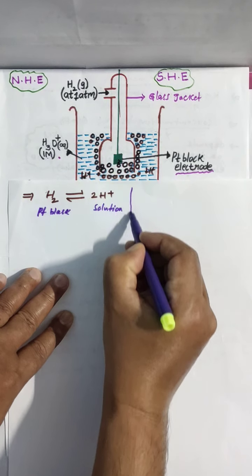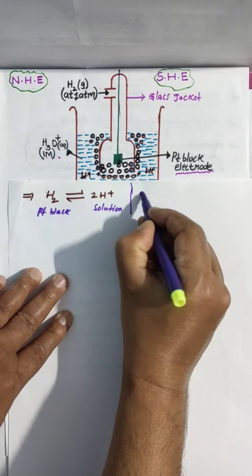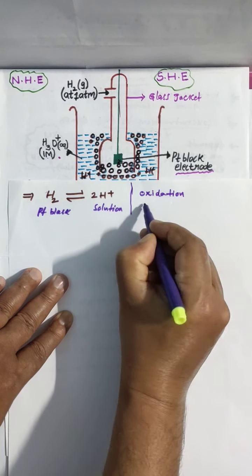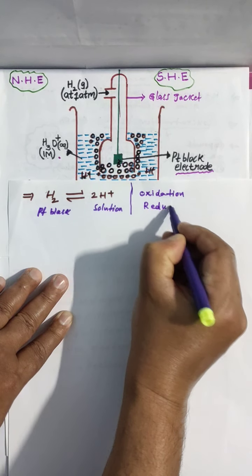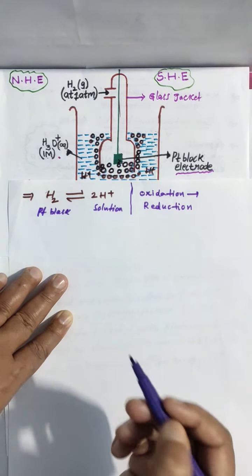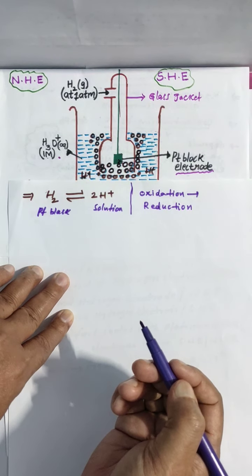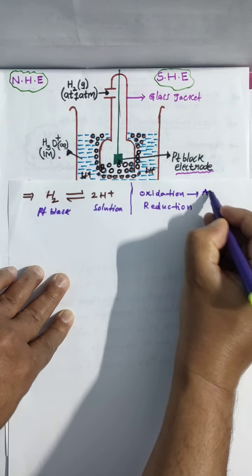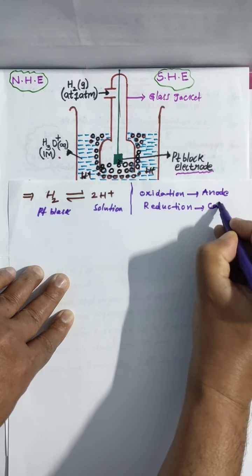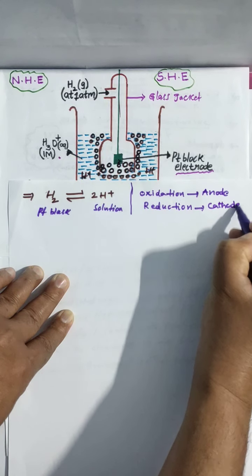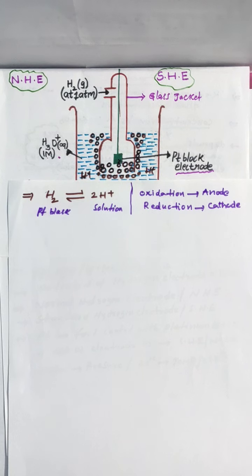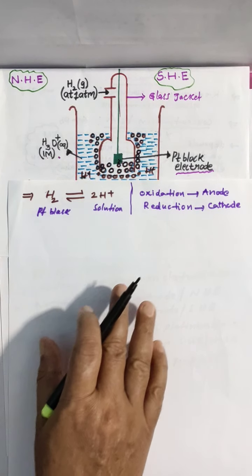So here oxidation and reduction take place; oxidation takes place at the anode, and reduction takes place at the cathode. Now we have to discuss the oxidative and reductive reactions of the hydrogen electrode, that is SHE.